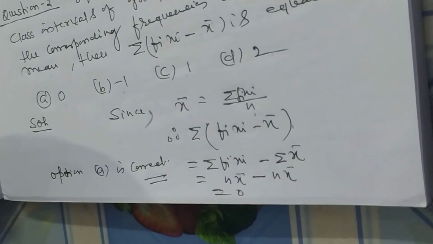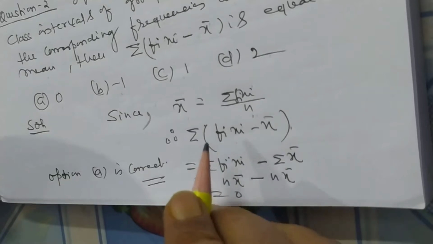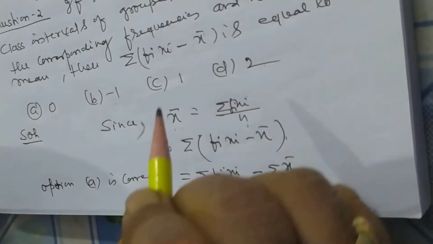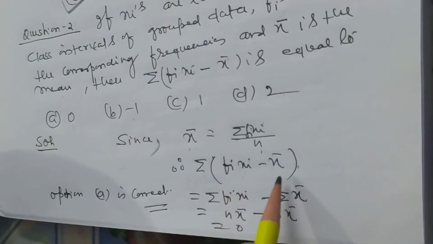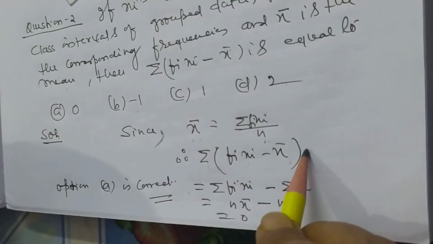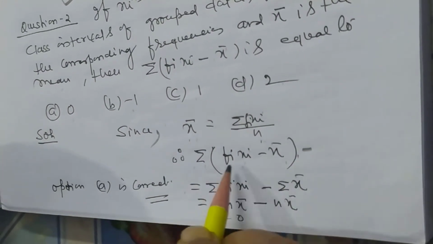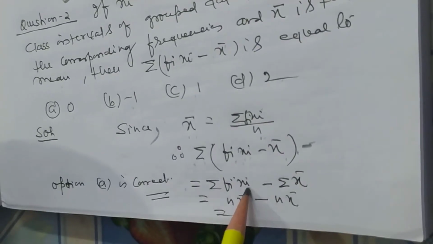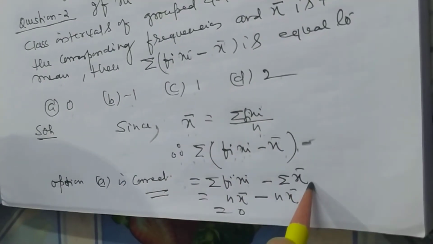Now sigma fi (xi minus x bar) is equal to how much? Sigma fi (xi minus x bar) is equal to sigma fi xi minus sigma x bar.